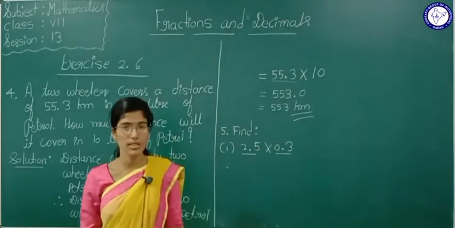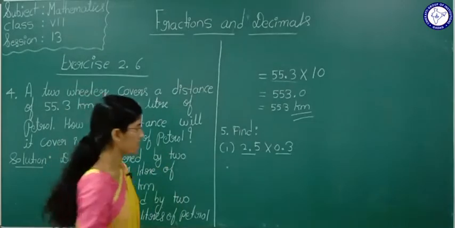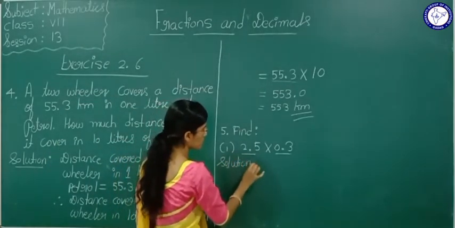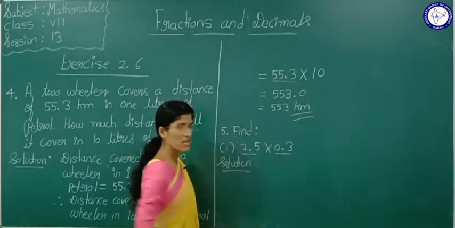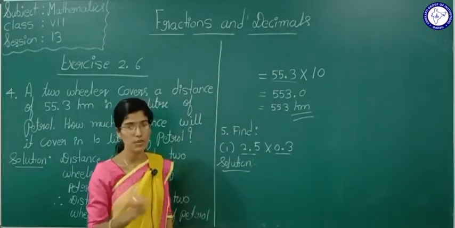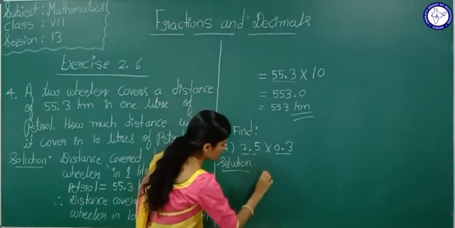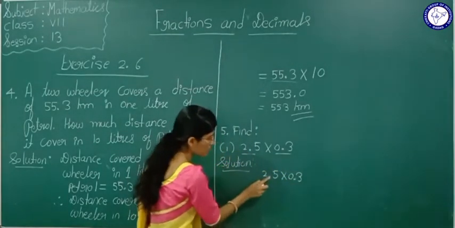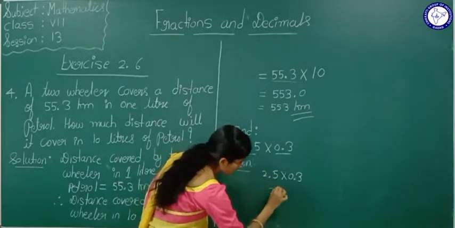What you do is multiply them as a normal whole number. 2.5, remove the point, it will become 25.